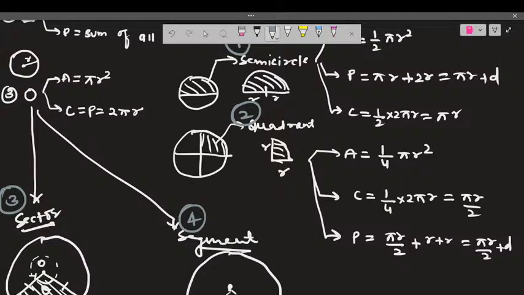Sector and segment both by default means minor, and if you want major, you just have to subtract your circle area with that minor sector or minor segment. You will get major sector and major segment. Actually, remaining area is your major sector. And here the remaining area will be your major segment.